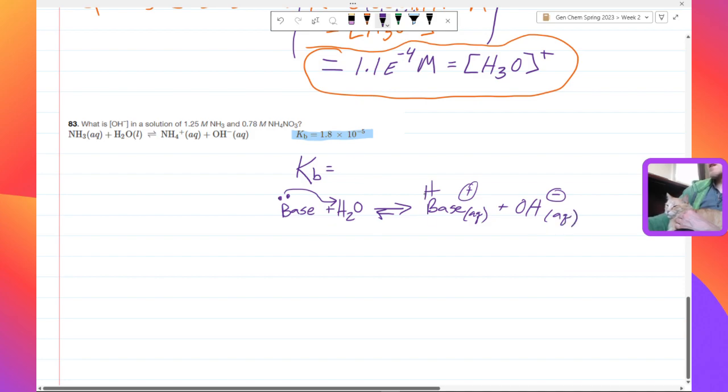So our Kb expression is products over reactants.